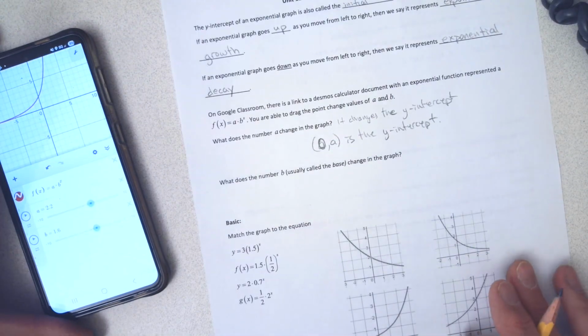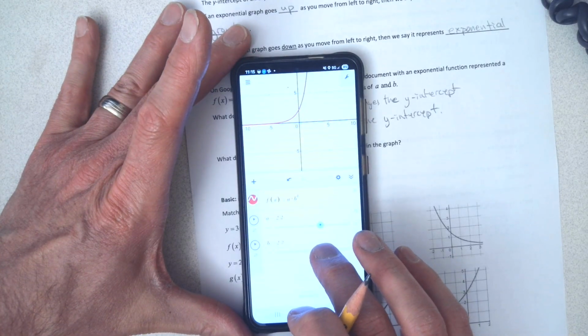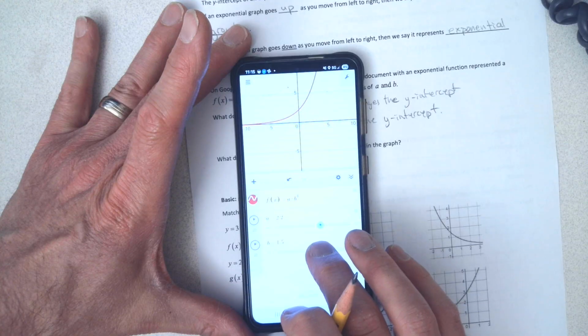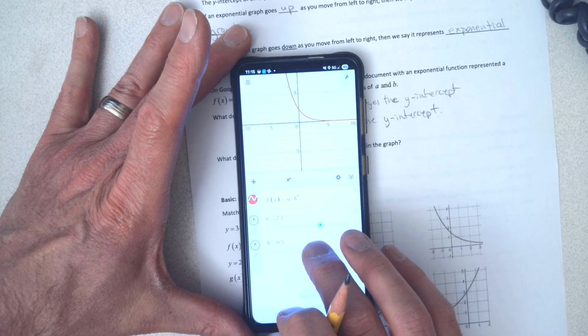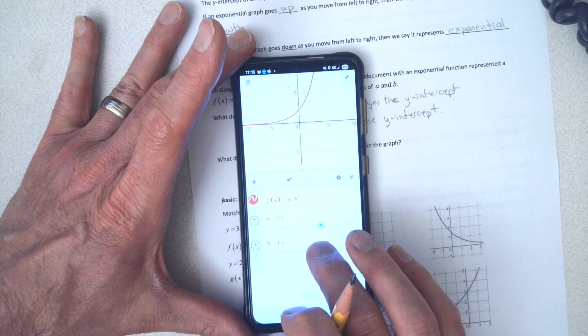Okay, what does the number b, usually called the base, change in the graph? If I bring this in here and I start moving the b around, I get a switch between exponential decay, that's going down as I go from left to right, and exponential growth.